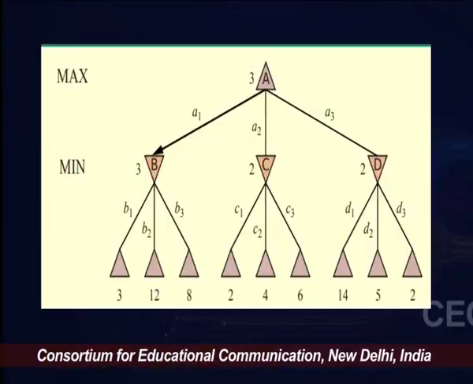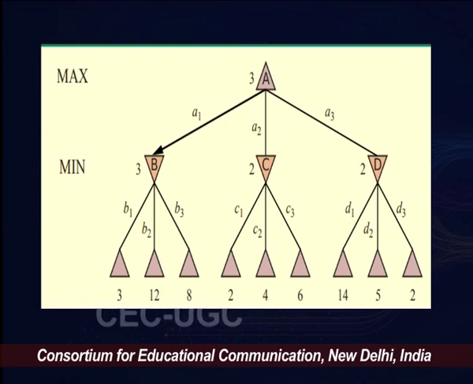So, the max ply and then the min ply and so on and so forth. And the utilities of the terminal states in this game are ranging from 2 to 14.